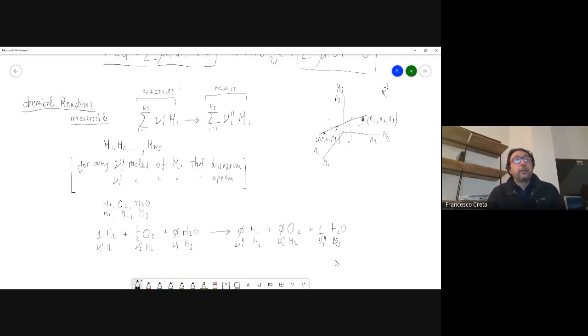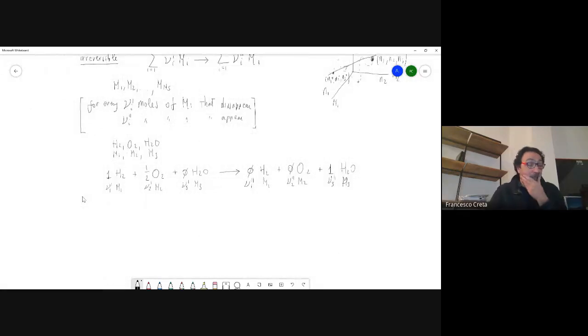So this is a constraint on the composition so that you can't just pick any point in R3, but a subset of points of R3, so that wherever I am in that subset, I will always conserve atoms, okay? And this is what we're going to try and explain later on, okay?